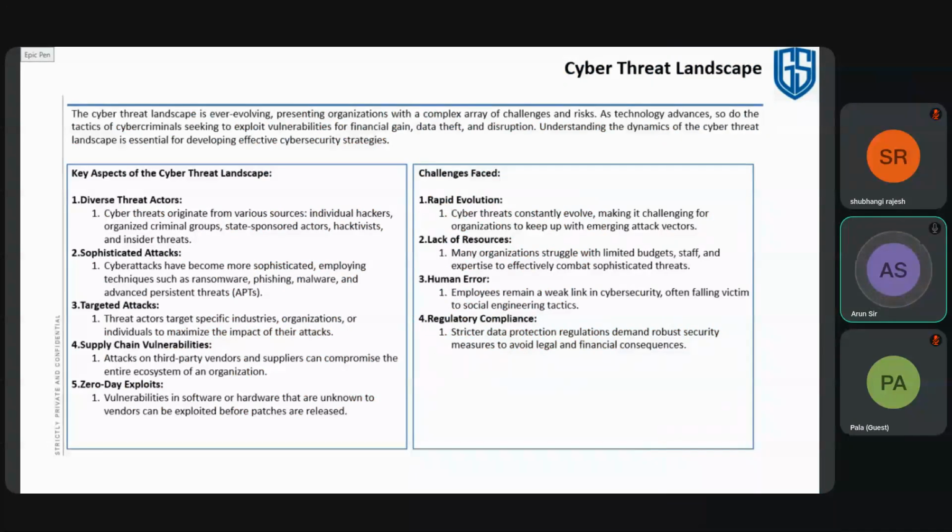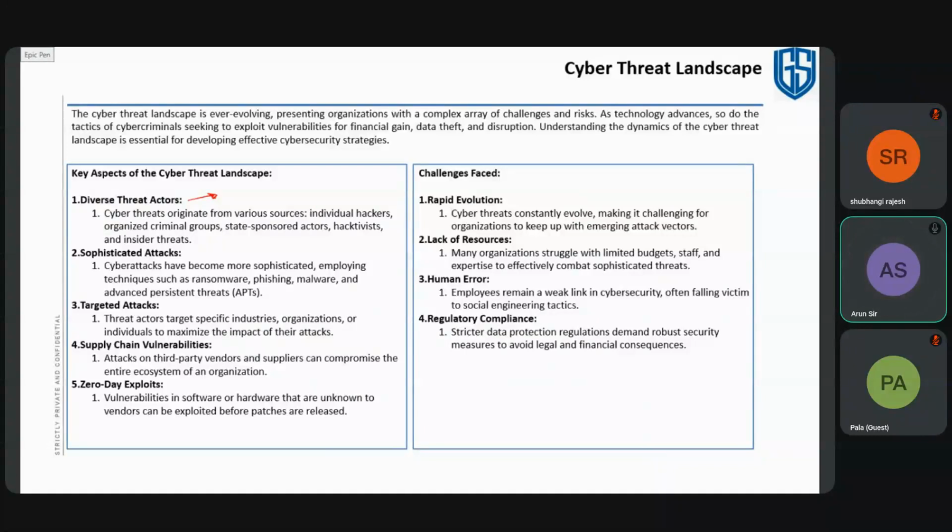Okay, so what are the key aspects of this cyber threat landscape? First of all, you should know what the different threat actors are. You need to know the diverse areas from where a threat can arise. How will everyone know where the attacks are happening?